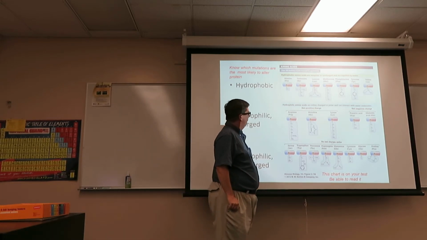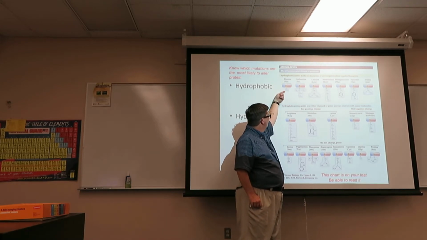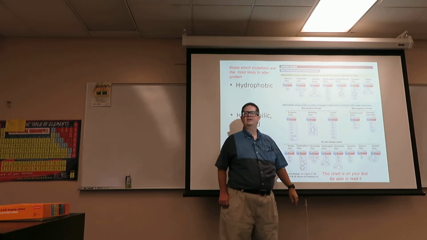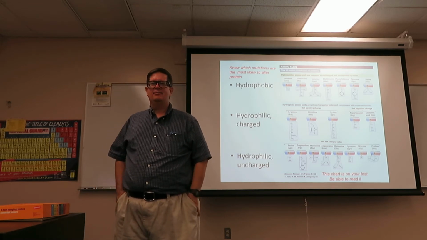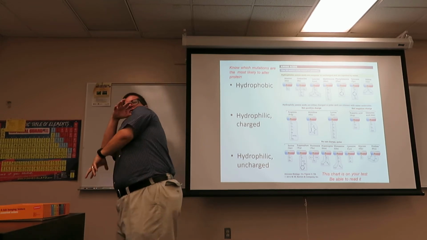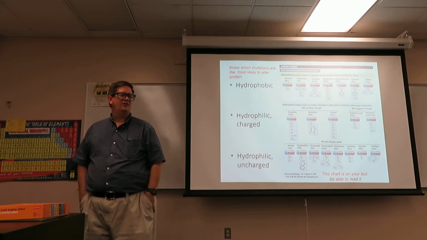What do you think happens if we take a water-fearing one and we substitute it with a water-loving one? Water starts sticking to that protein, and that protein starts to react and tries to get away. It's going to turn itself inside out to get away. Does that make sense?